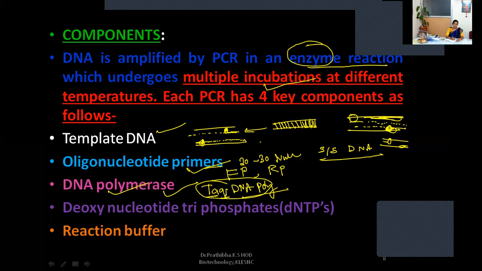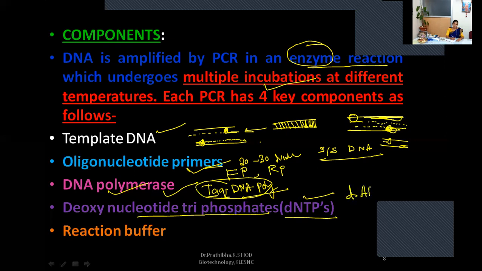So this synthesis repetition can be seen here. That's why I mentioned repeated thermal cycler. Next component is deoxynucleotide triphosphate, in short dNTP. Somewhere in MCQ or maybe in viva, you will be asked, so kindly make a note of this one. What are the dNTPs you can use?